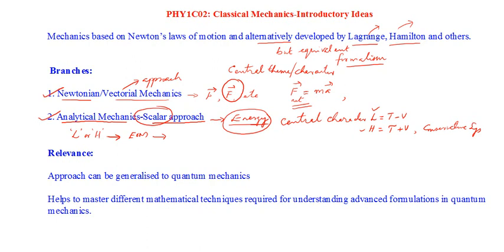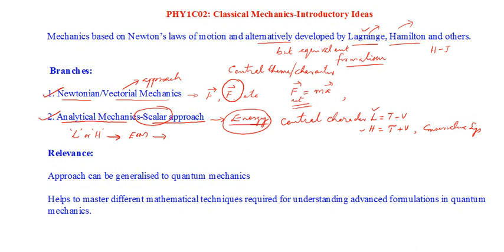So the focus of the classical mechanics paper in your first semester postgraduate course will be analytical mechanics. We will be discussing in detail the method of Lagrangian mechanics, the method of Hamiltonian mechanics, and the method of Hamilton-Jacobi mechanics. These three are the fundamental analytical mechanical systems that we are going to discuss in the coming modules.